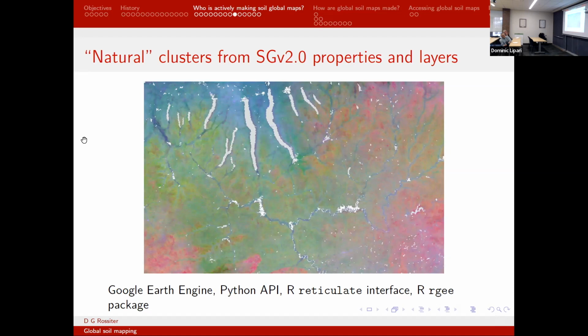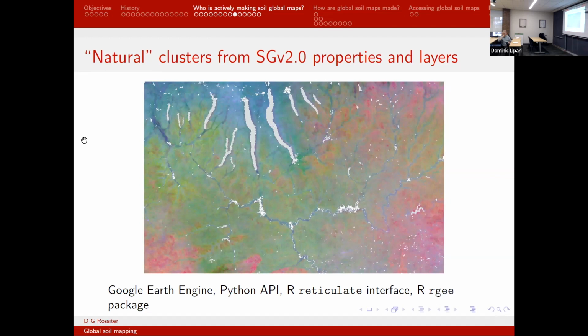So this map was made from a global map. So it used all the data in the world to map everywhere in the world. And all I did was take this part out that covers this area and do the K-means clustering and get this out of it. So one of my take-home messages: if you're going to a new area that hasn't been mapped, you don't have a good soil map, you could do this.